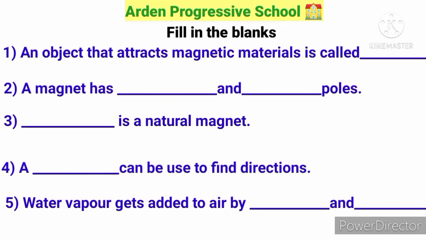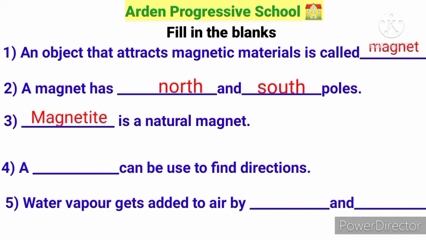First question: an object that attracts magnetic material is called a magnet. Next question: a magnet has dash and dash poles. So a magnet has north and south poles. Next question: dash is a natural magnet. So you know that magnetite is a natural magnet. A dash can be used to find directions.